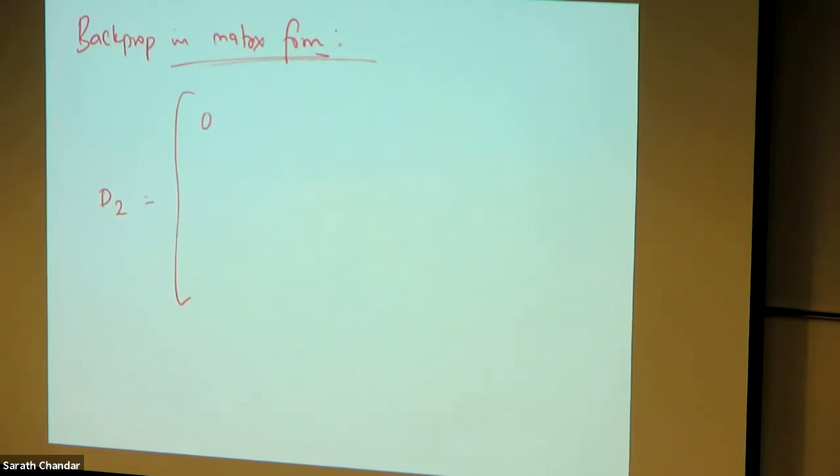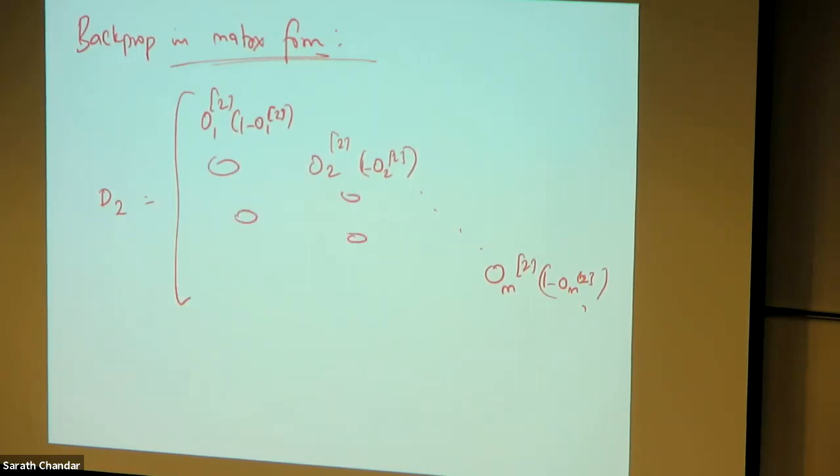So you have O12 multiplied by 1 minus O12, O22 multiplied by 1 minus O22, and so on, up to OM2 multiplied by 1 minus OM2. The rest are all 0.